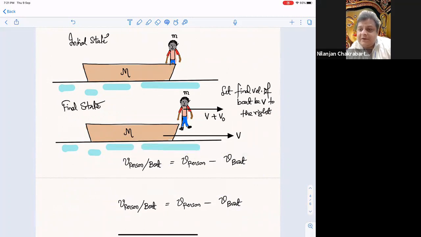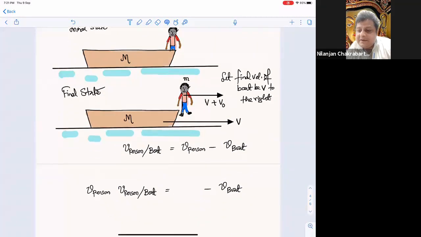So velocity of the person is equal to what?